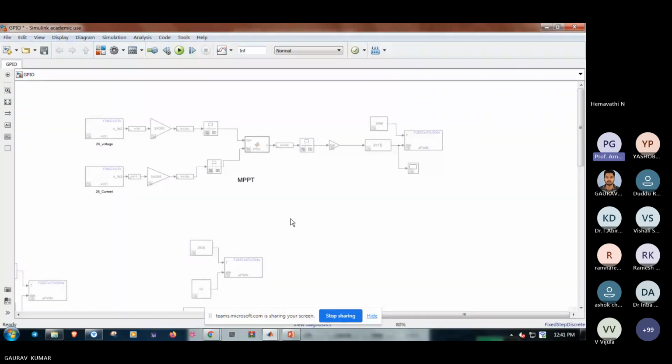Sir, I am not getting the basic PSO code, for understanding purposes, these GPIO pins and EPWM blocks, how to connect. You connect simple circuits. Oh, you want the simulation? Yes, sir, for our understanding, because I'm new to this digital part. Okay. I will share it in the group.